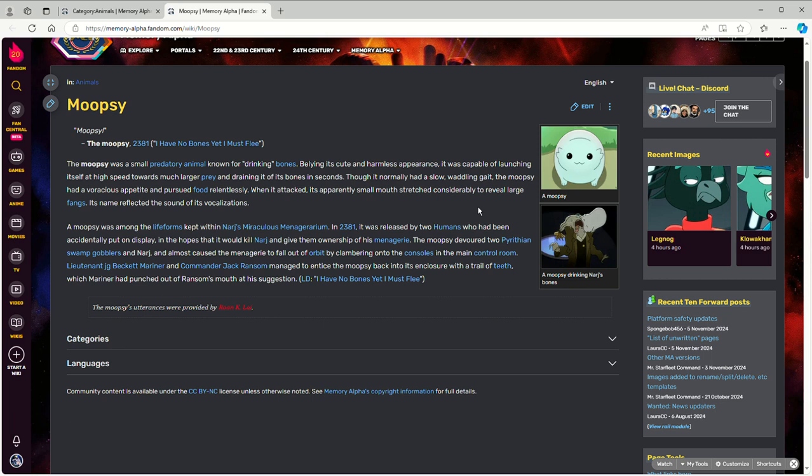It's not necessarily a role that takes up a large amount of screen time in the case of the Ophidian, but the Ophidian is a key, I guess you could call it a MacGuffin, that they needed in order to progress the plot. Moopsy is just dangerous, but it's dangerous in a way that makes getting it to do what you want it to do essential to the plot, and thus the characters in the story can't just avoid the thing.